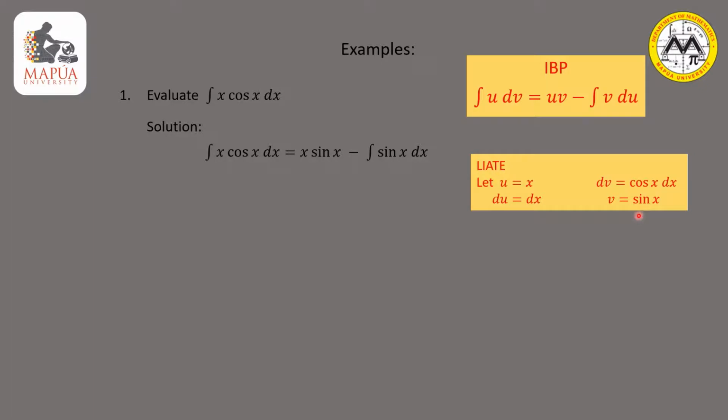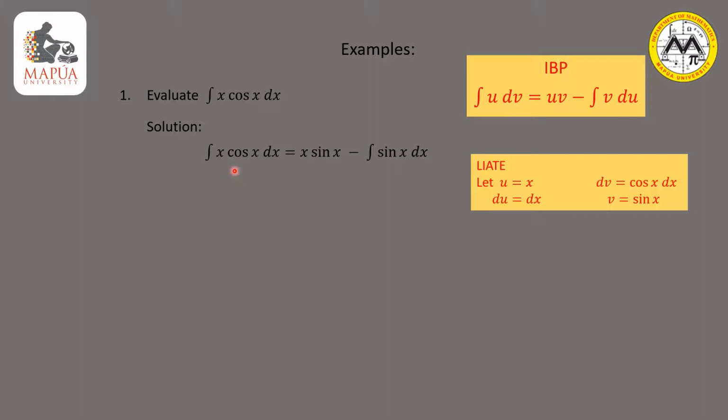If we are now going to evaluate the integral of x cosine x dx using IBP, this will just result in x sine x, this is your uv factor, minus the integral of v du. Please take note that when you have applied IBP correctly, the integral part of the right member should be easier to evaluate as compared to the original integral.